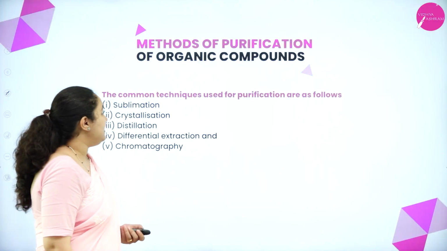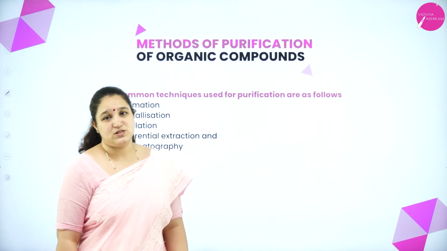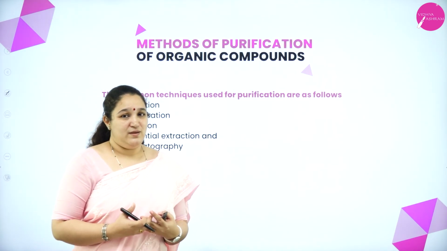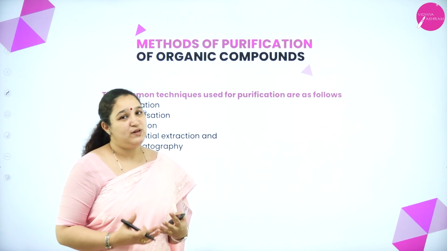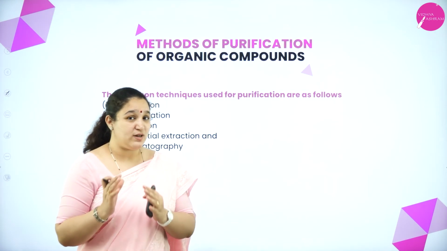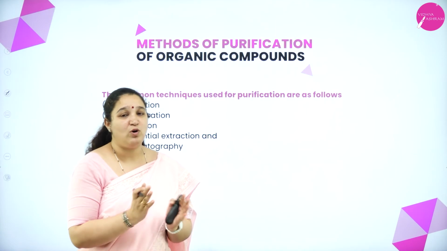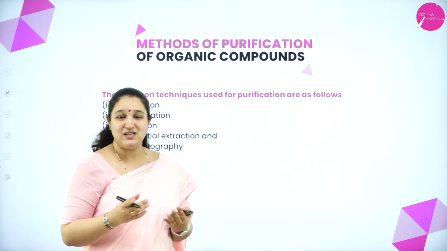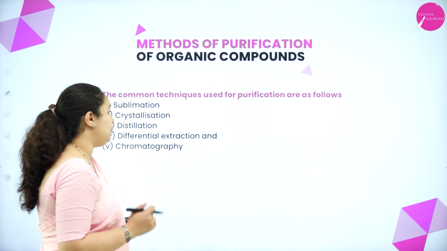Okay, next is the methods of purification of organic compounds. Now many times when we have organic compounds, they are not in the purest form. So it's very important to get them in the purest form. So there are different methods to get the purest form of the organic compounds when they are prepared. Which are the different methods of purification?